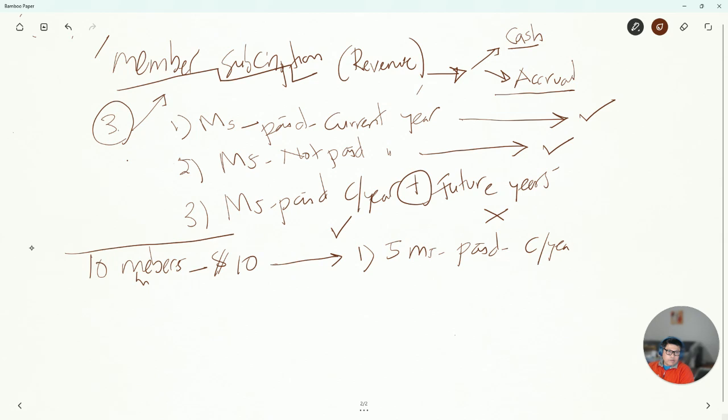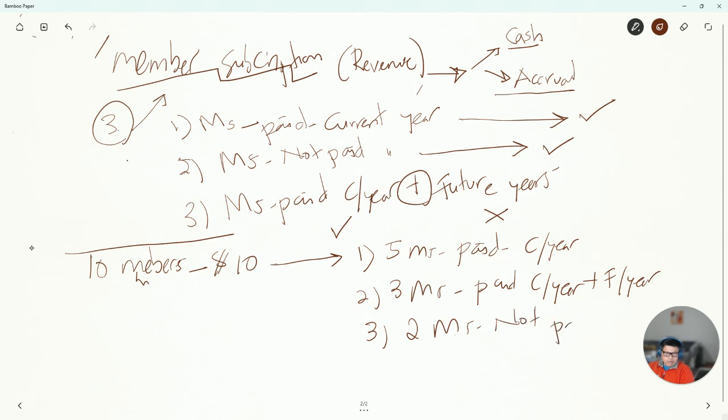Two, 3 members paid the current year plus future year. And the last one is 2 members not paid. Okay, so that's the scenario. Remember the scenario.